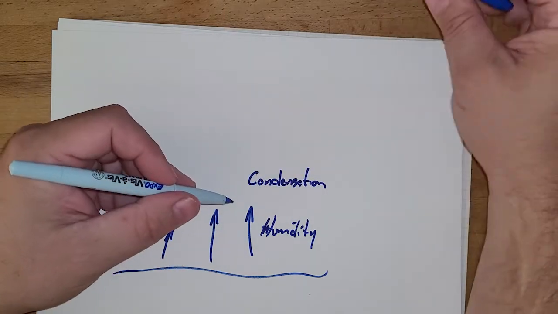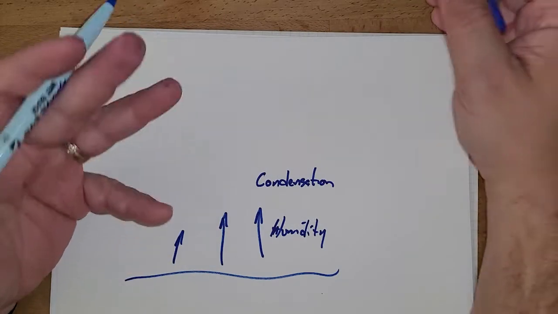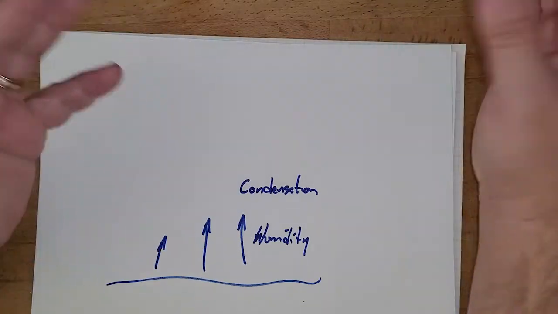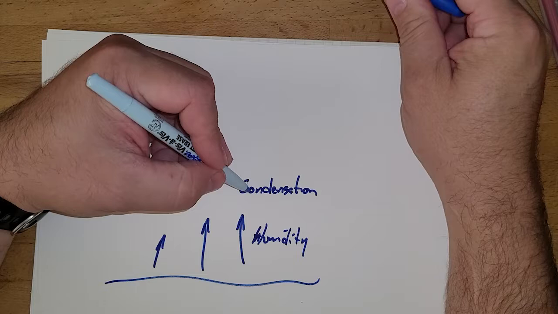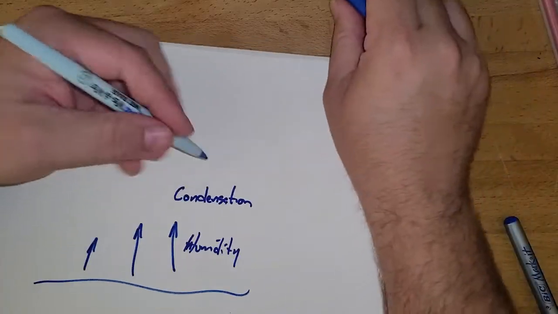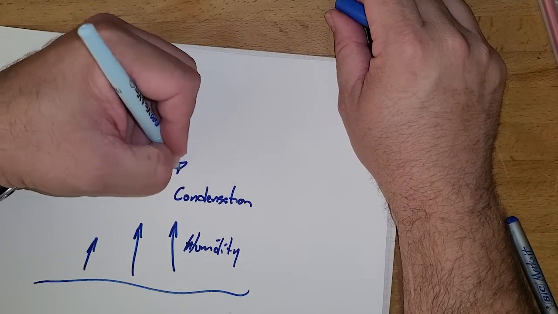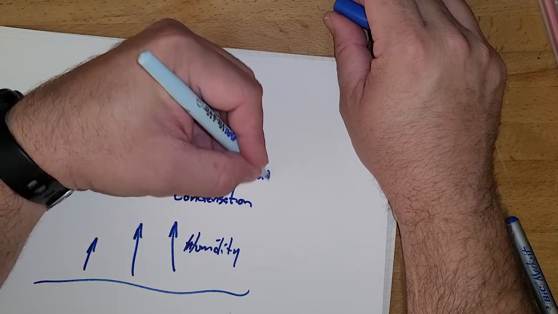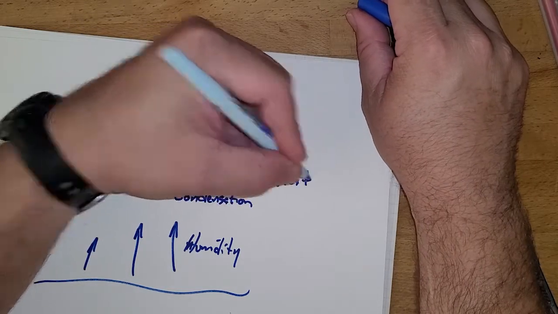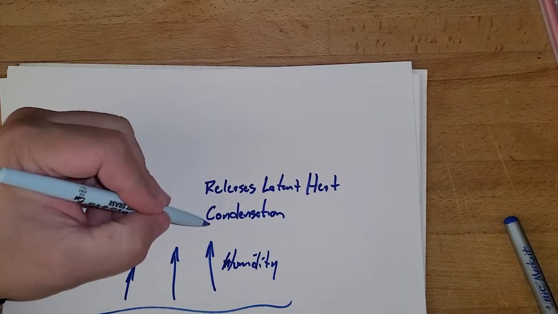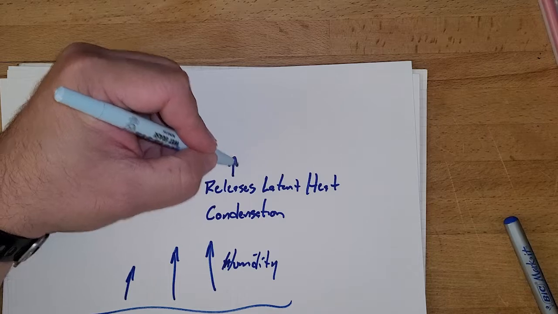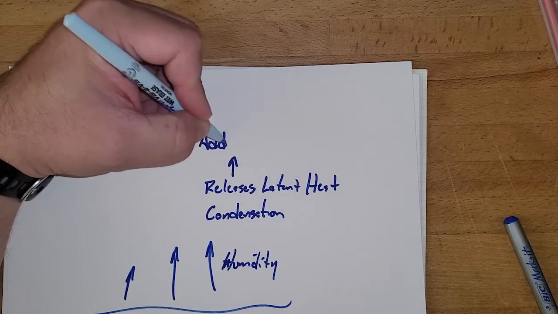So we're going to have lift, usually convectional lift in the equatorial regions. It gets warm, the air rises, humidity rises, it cools, so we get condensation. That condensation releases latent heat. That release of latent heat through this phase change of water is going to cause additional lift.